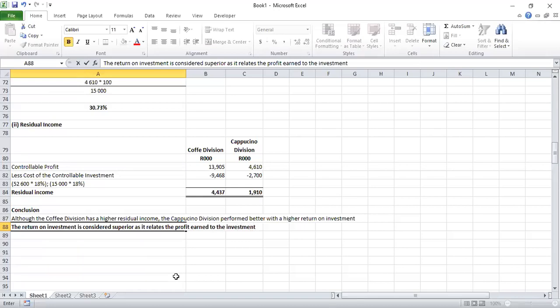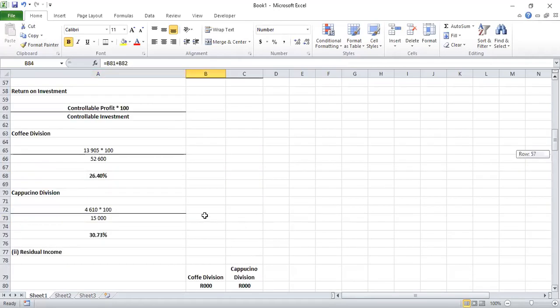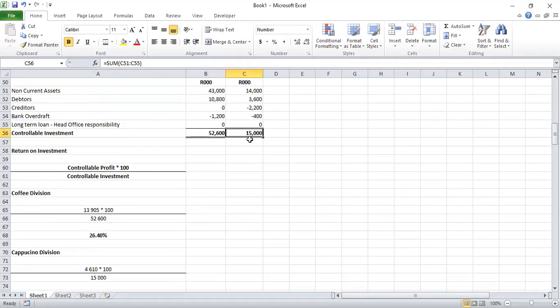Because you see what is happening here, we can say they made 4,000, but let's remember that they've got an investment of 52 million. Whereas this one, they only have 15 million, but their investment is almost 3.5 times the investment of coffee.